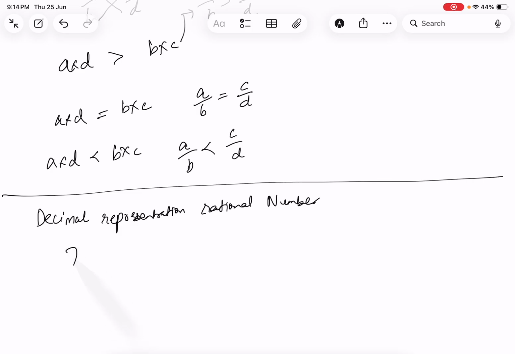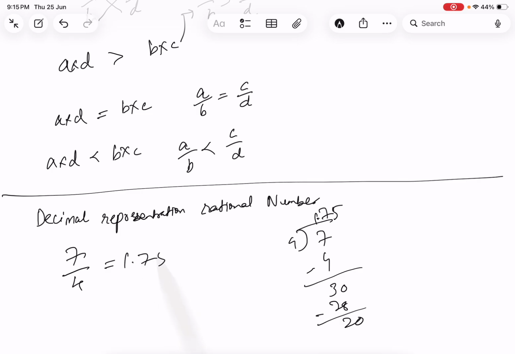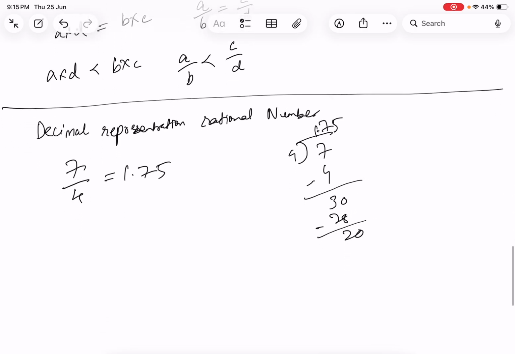Likewise, if you have 7 upon 4, then you do the actual division and you get 1.75. So the value of the rational number 7 upon 4 is 1.75. This is the decimal representation of a rational number.